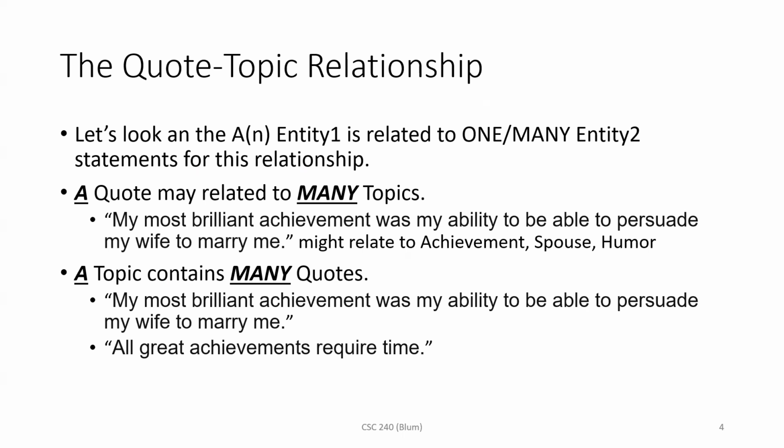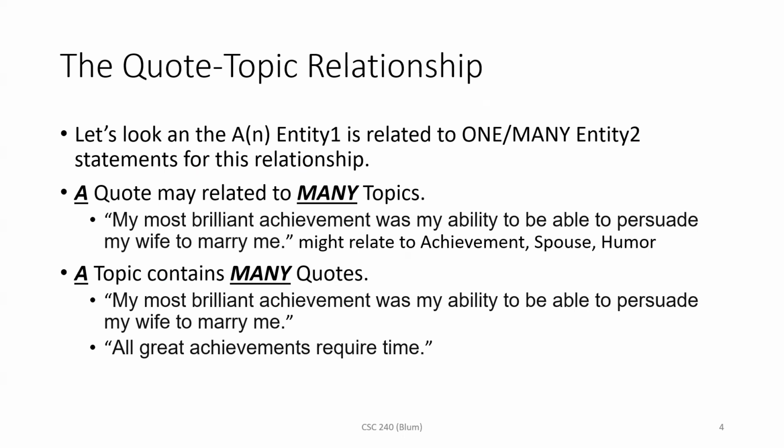So let's consider this for the quote-to-topic relationship that we want to bring in now. Always start with a or an, and then entity one. So in the first statement, entity one is quote: a quote may be related to many topics. Topic is entity two.